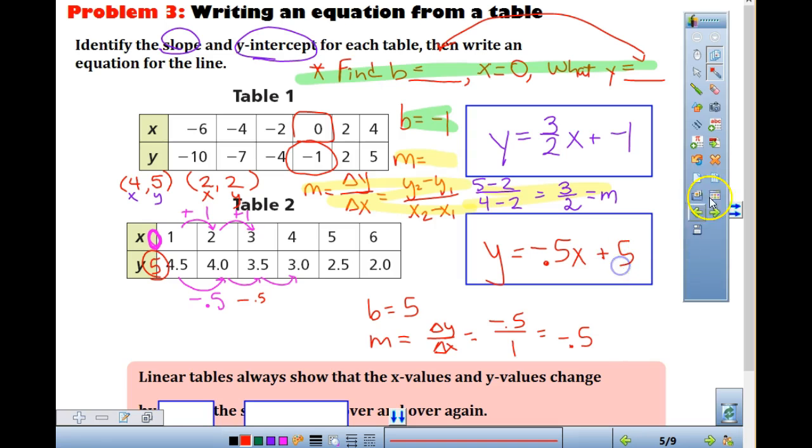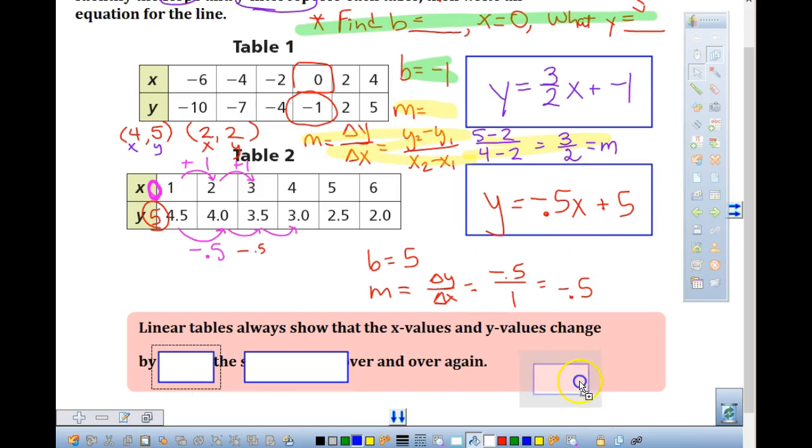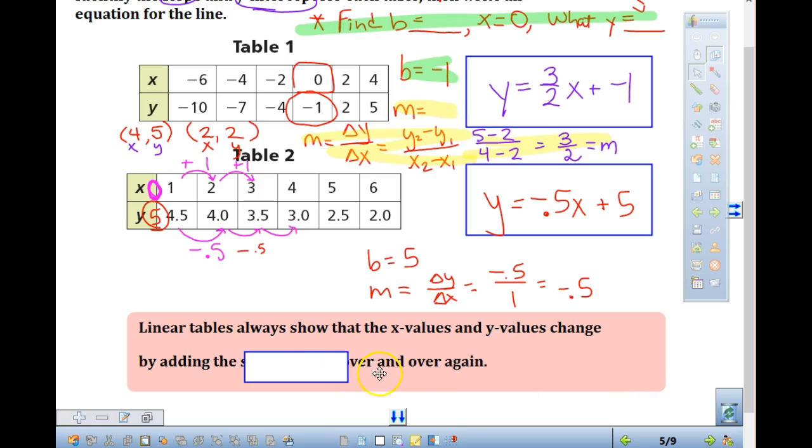So the vocab for this part says, linear tables always show x values and y values change by. The word we are looking for is that they change by adding the same amount over and over.